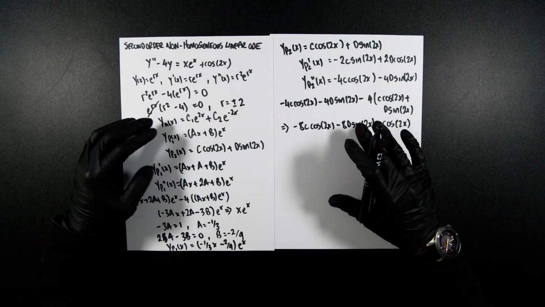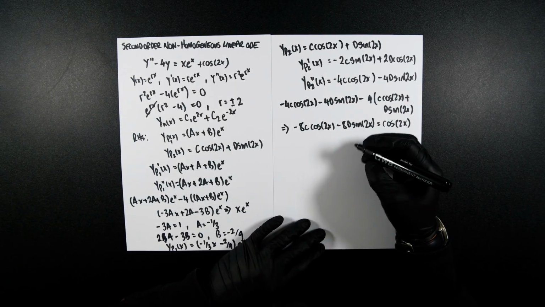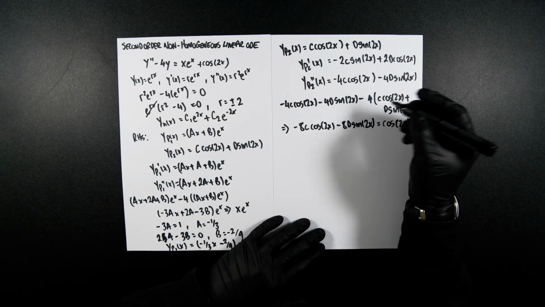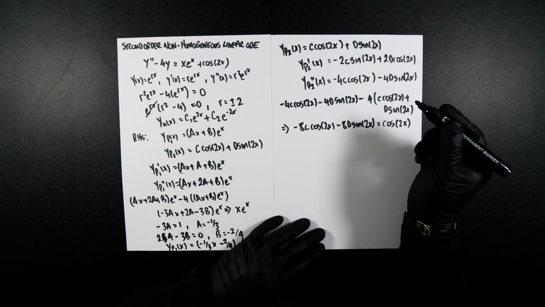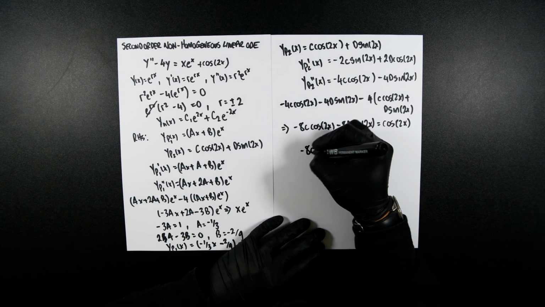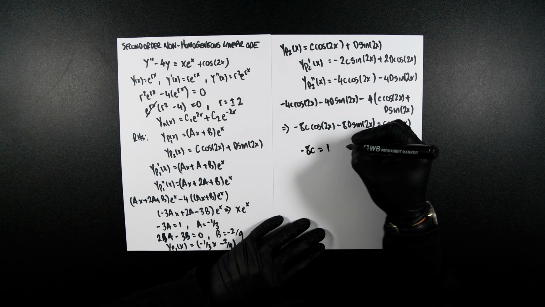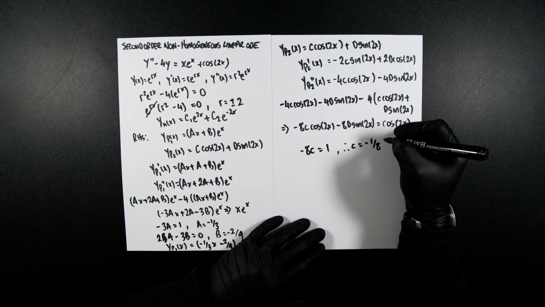Again, like we did with the exponential term, we're going to equate coefficients. So we can look at everything to do with our c's, which is pretty simple. We've got minus 8c equals 1. So therefore, c would equal minus an eighth.